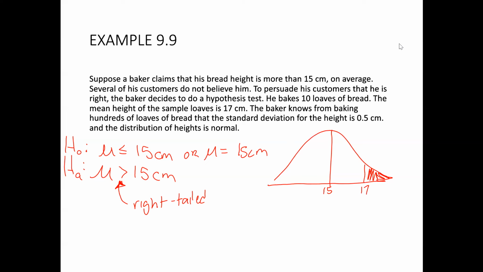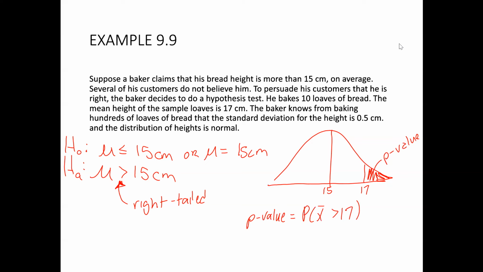To find the probability that we get an average in the sample of 17 or greater, we find what is called the p-value. The p-value is the probability that I get a value, and I probably shouldn't use mu, but we're going to use x, greater than 17.